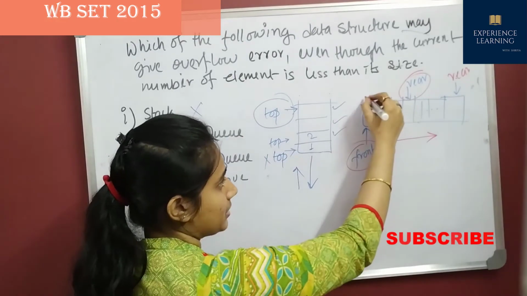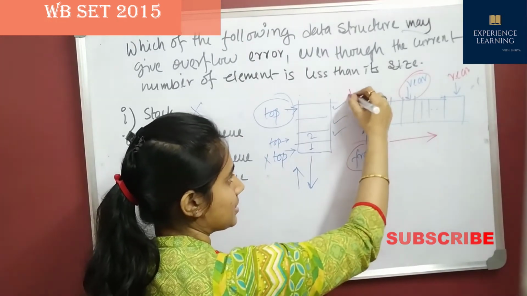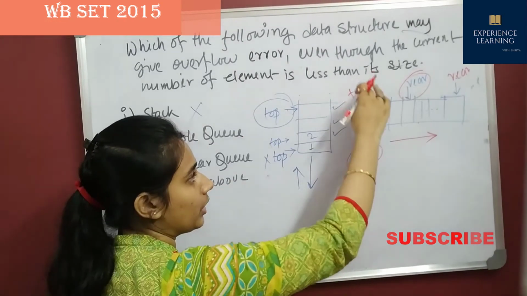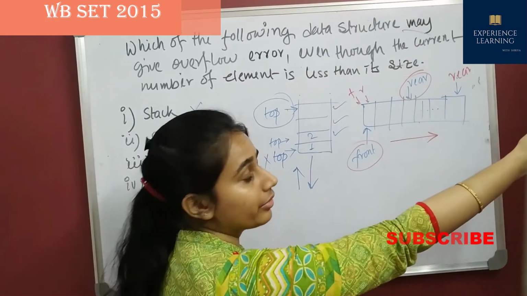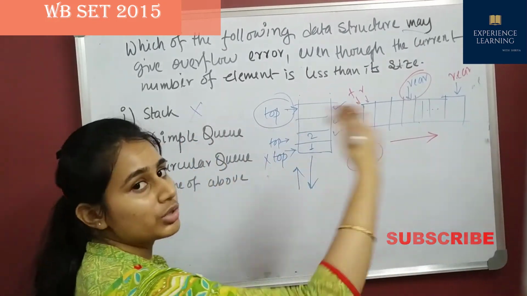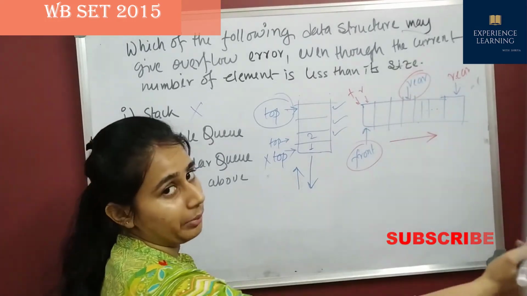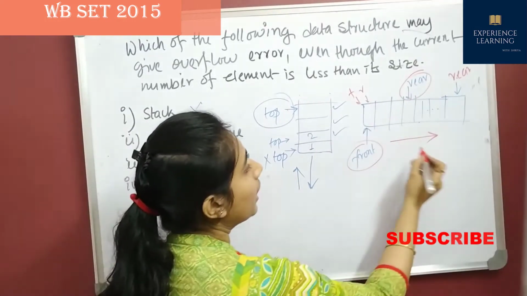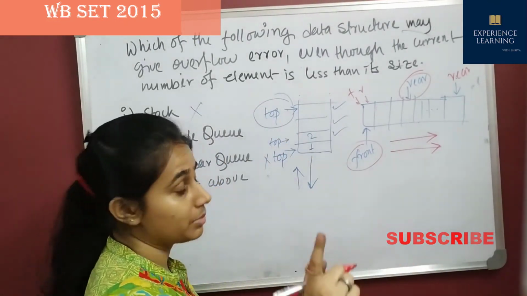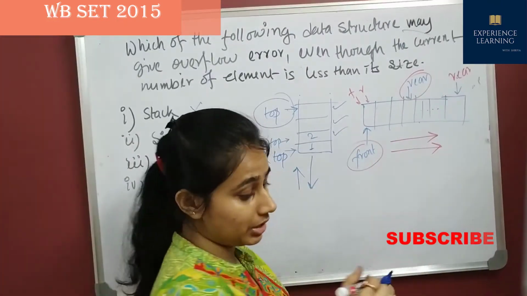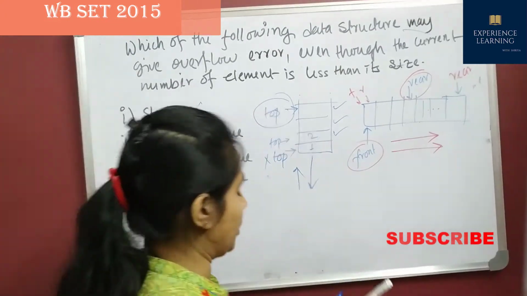If the rear and front are at the same location and you insert one by one, the rear will be incremented, and when you delete, the front will be incremented. This is the basic concept. So insertion and deletion are in the same direction. Always remember this.